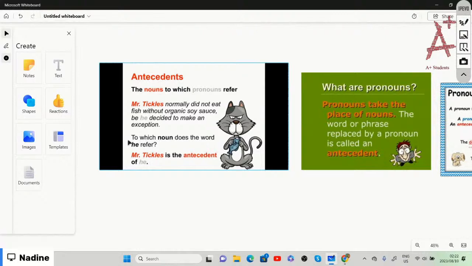Which means that "he" is the pronoun within that sentence. So if we were to ask to which noun the word "he" refers, which is our pronoun, then "he" refers to the antecedent, which is Mr. Tickles.